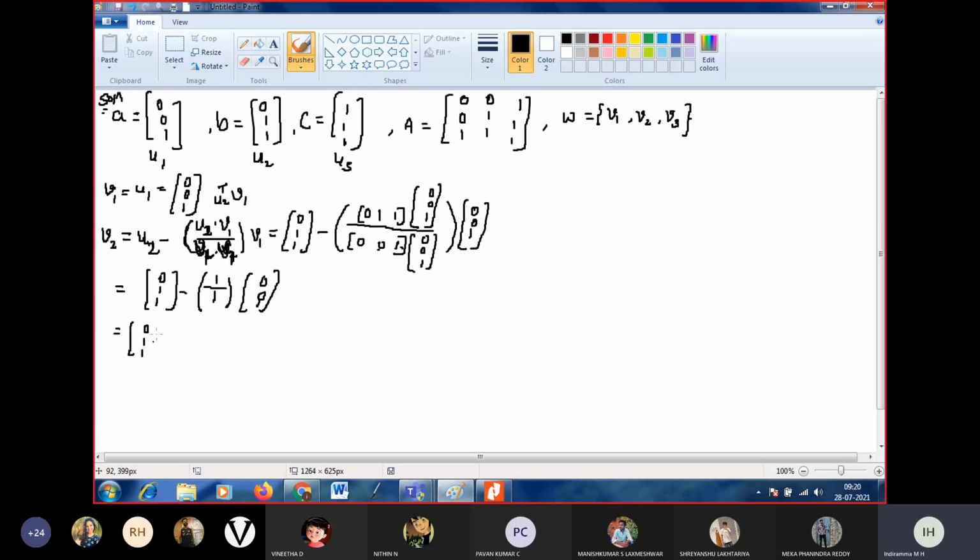So 0, 1, 1 minus 0, 0, 1. Now subtract the two matrices of same order. 0 minus 0 is 0, 1 minus 0 is 1, 1 minus 1 is 0. We got V2 as 0, 1, 0. Is it right, V2? Yes, ma'am. Okay.